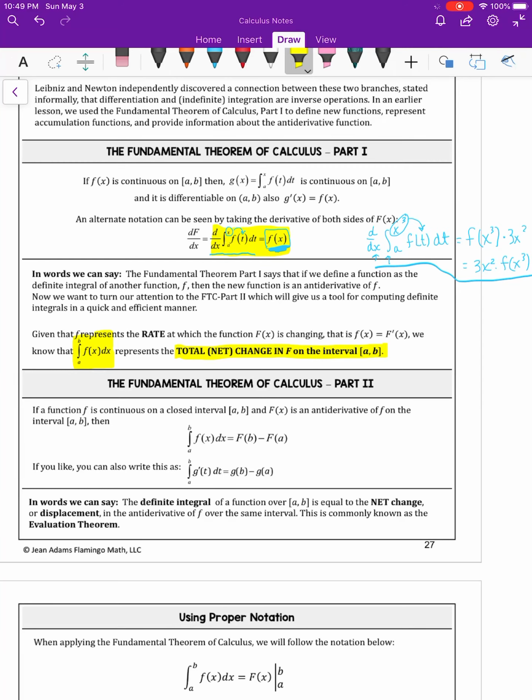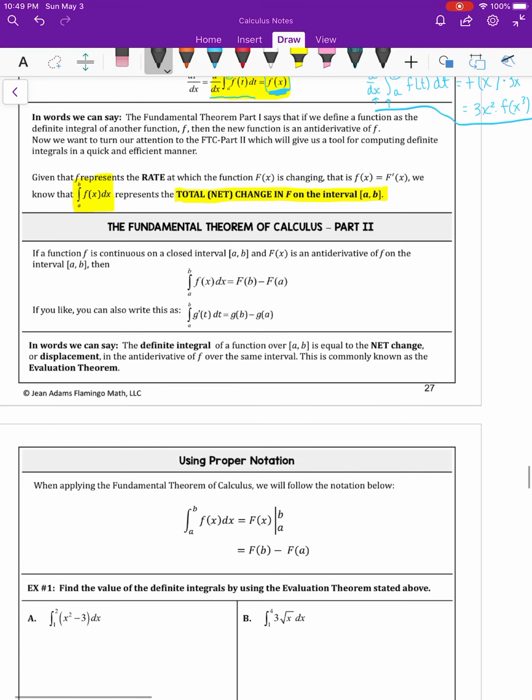So we're talking about the total net change. That's what this integral represents.